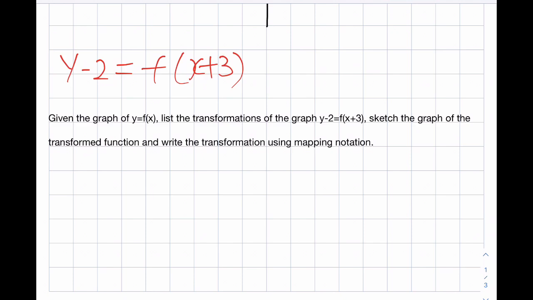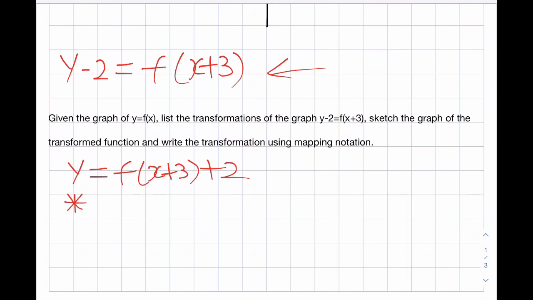So first, let's list the transformations of this guy. Let's change the form. If we move the 2 to the right, we will get y equals f of x plus 3 plus 2. So let's list them.